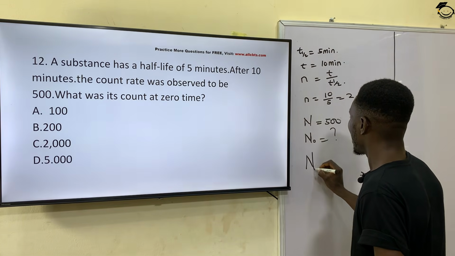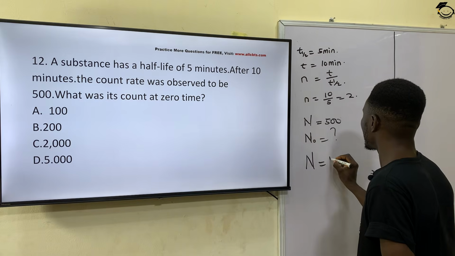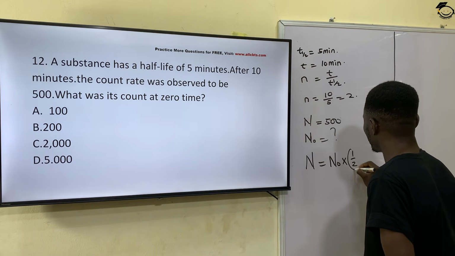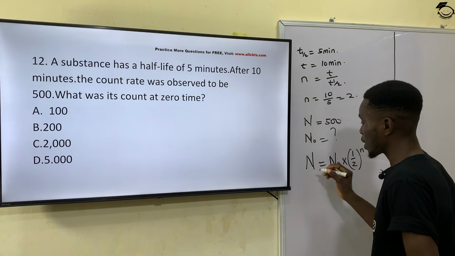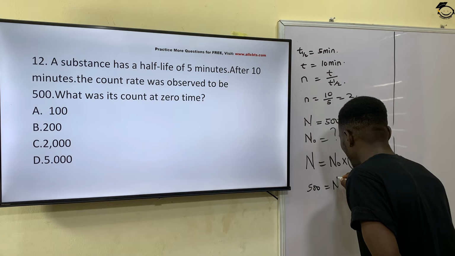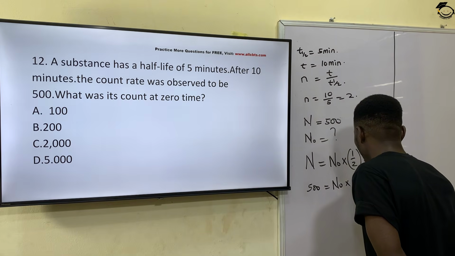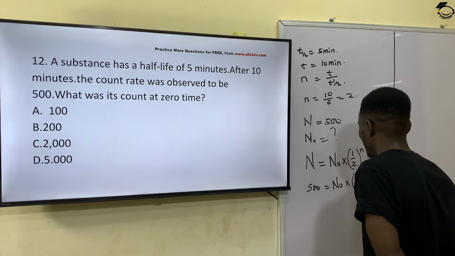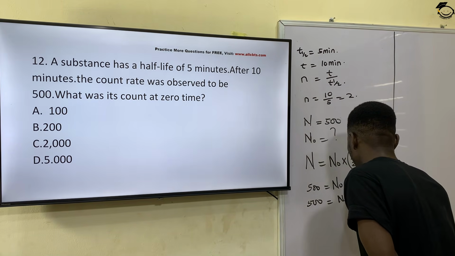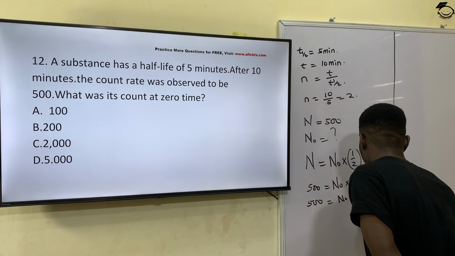But we know that our original count rate N is equal to N at 0 time times 1 over 2 raised to power n. So this is the same thing as saying I have 500 is equal to N naught times 1 over 2 raised to power 2, which gives 500 equals N naught times 1 over 4.